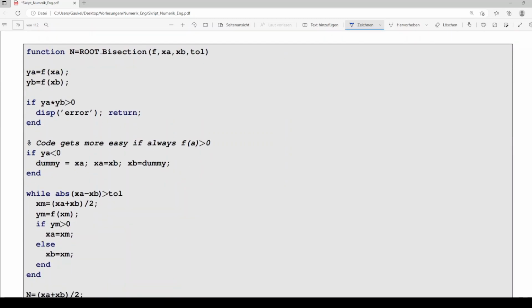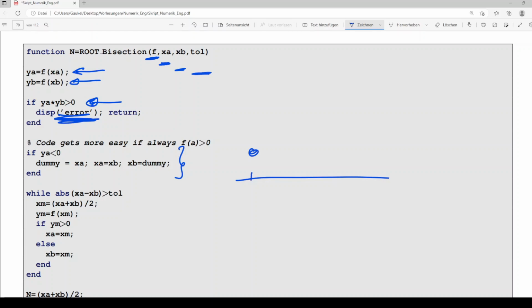So this is the implementation. The user provides a function we can evaluate. The user provides an a and b, and he tells you how long the process should be iterated. Let's evaluate at xa and xb. Let's check if they are of different sign. If not, we return an error. And so here we do the following. We always want to have positive at a and negative at b, and we do that by swapping a and b.